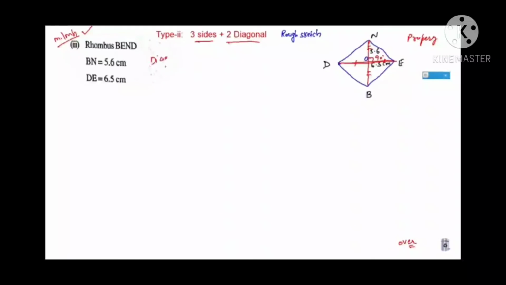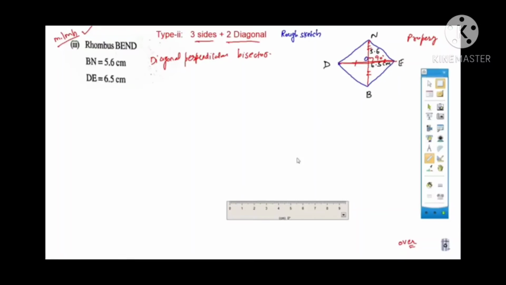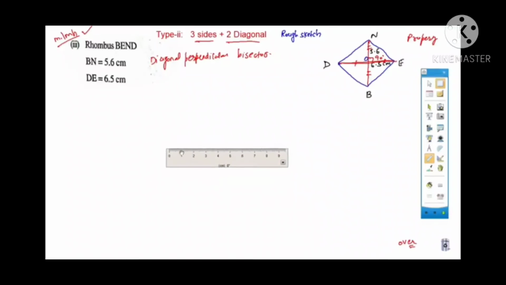So already in your previous class you know how to construct perpendicular lines. Is it? Now by using that previous knowledge we are going to construct perpendicular bisectors here. Okay, let us take a ruler and draw a baseline with one of the diagonal, that is 6.5 centimeter.